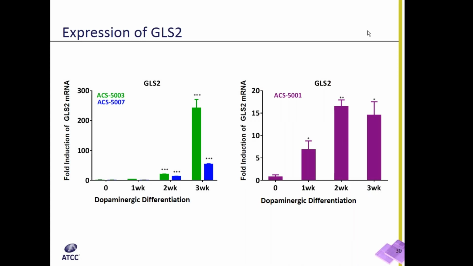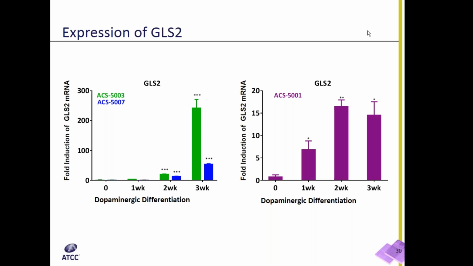So the next 3 slides will focus on glutamatergic gene expression. Glutaminase 2, or GLS2, catalyzes the formation of glutamate from glutamine. It and the vesicular glutamate transporters vGlut1 and vGlut2 are markers of glutamatergic neurons.